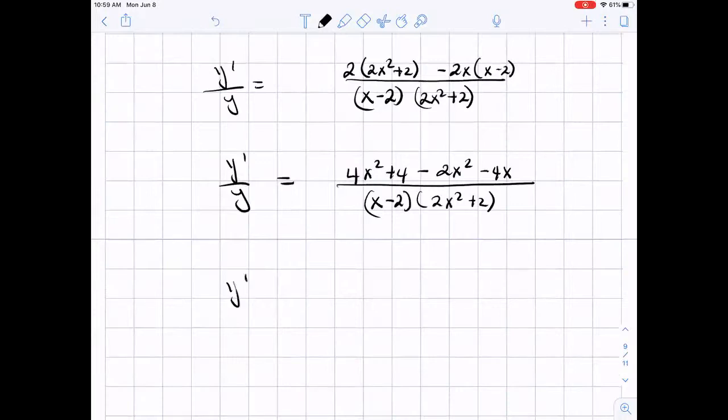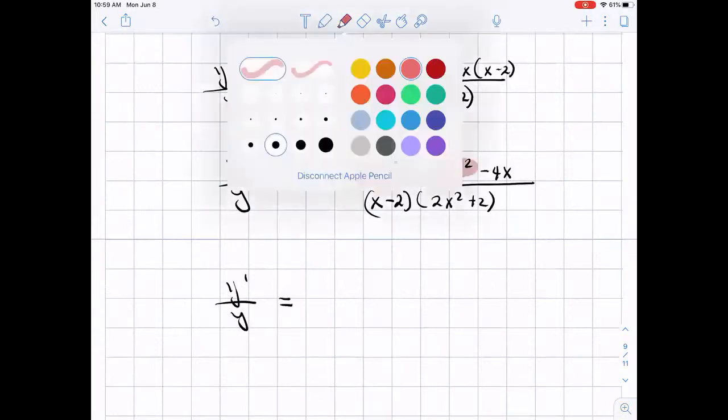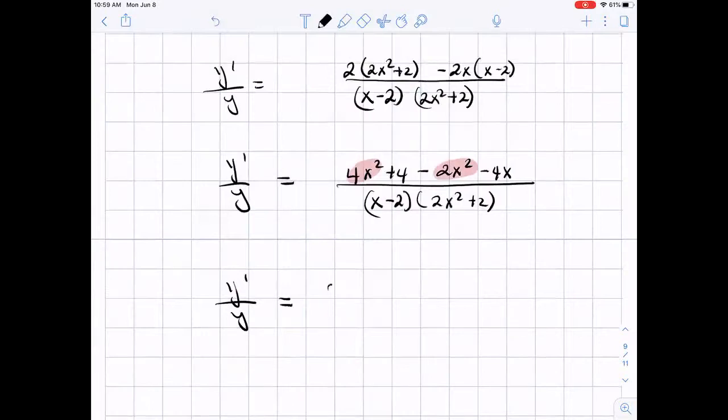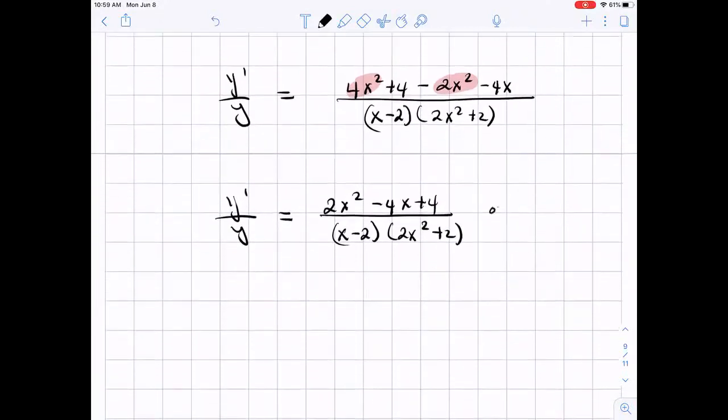So we have y prime over y is equal to, gather like terms. We have like terms, okay? So this becomes 2x squared minus 4x plus 4 over x minus 2 times 2x squared plus 2. Now notice I could, if I want, factor out a 2 from the top. So this becomes 2 times x squared minus 2x plus 2.